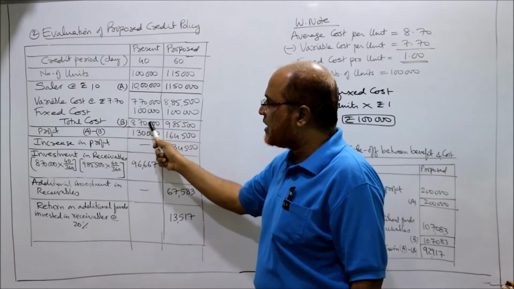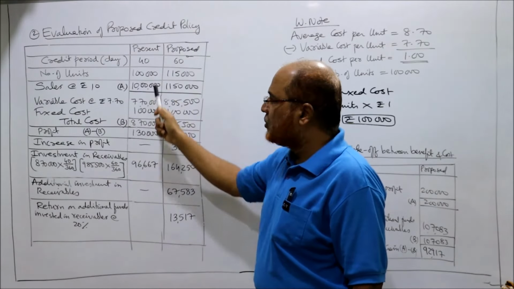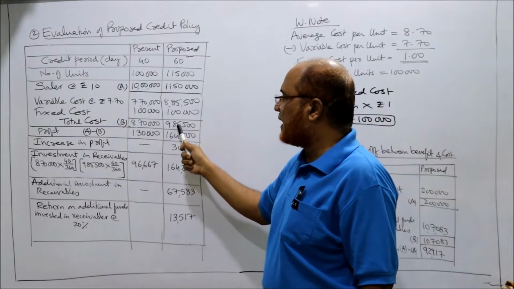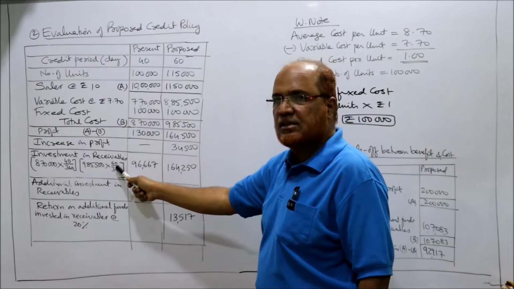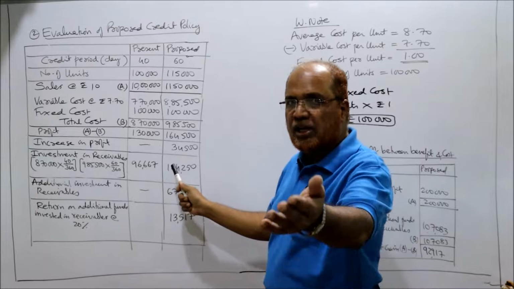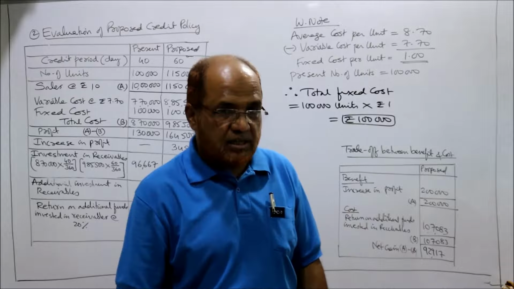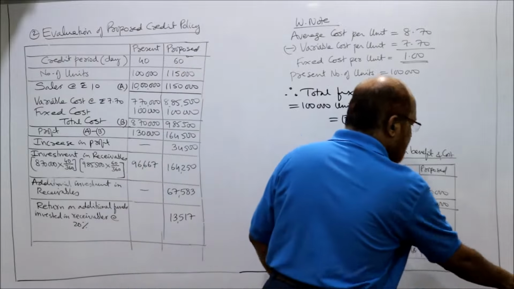If the cost for one year is this much, how much will it be for 40 days? So 8,70,000 into 40 by 360. Similarly, 9,85,500 into 60 by 360. That gives the investment. Subtract to find how much additional investment is required, and on that we require 20% return. Now the trade off between benefit and cost.